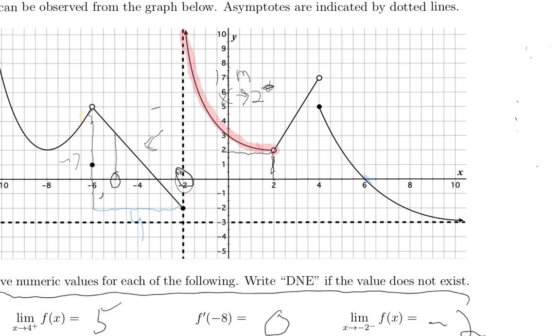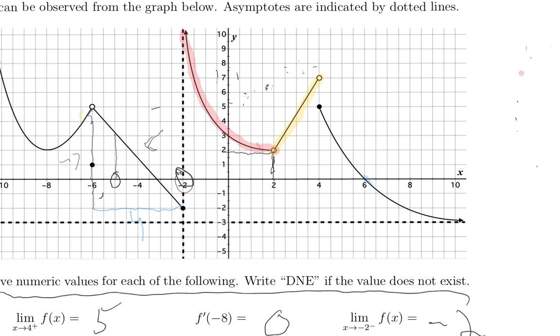From the left is going to equal 2. Okay, let me erase that, and we will try the right side. From the right side, we're going to start here, follow it till we get to x equals 2.